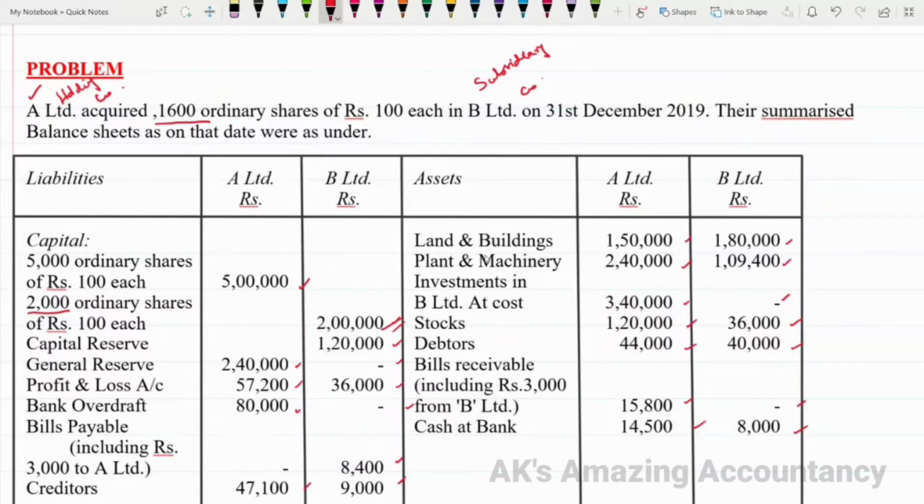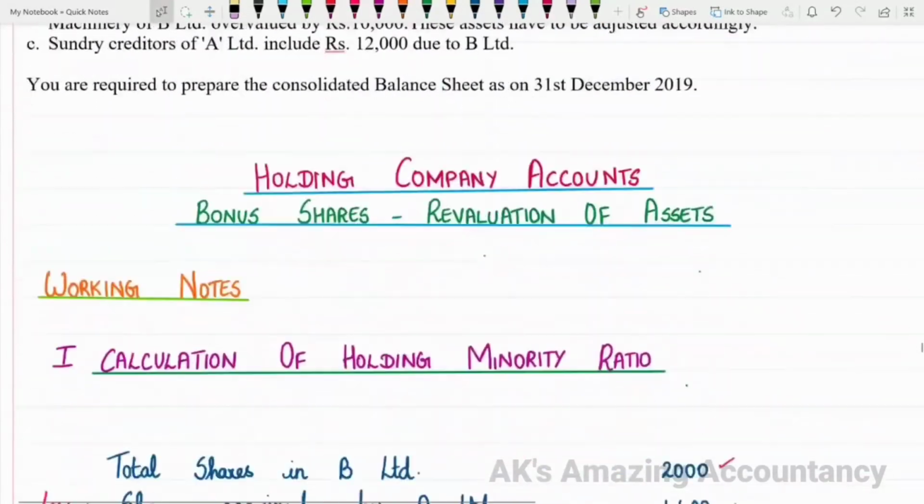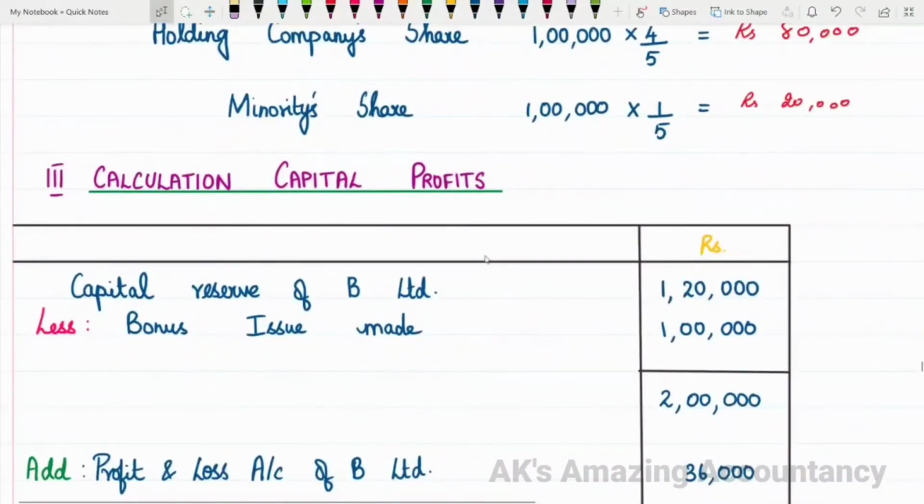So on that date, in the capital reserve, how much was there? 1,20,000 was there. So this will be a part of the capital profit. Capital reserve 1,20,000. And this is a problem involving bonus issue, isn't it? Bonus issue will usually be done out of the capital reserve, that is capital profit only. So out of 1,20,000, utilize that 1 lakh for the purpose of bonus issue. How much was the bonus issue? It is 1 lakh, isn't it? That 1 lakh will be taken from capital reserve.